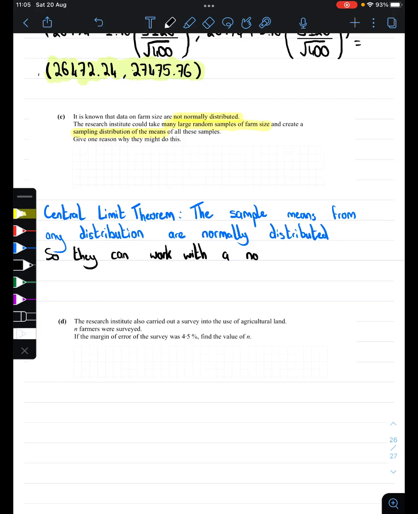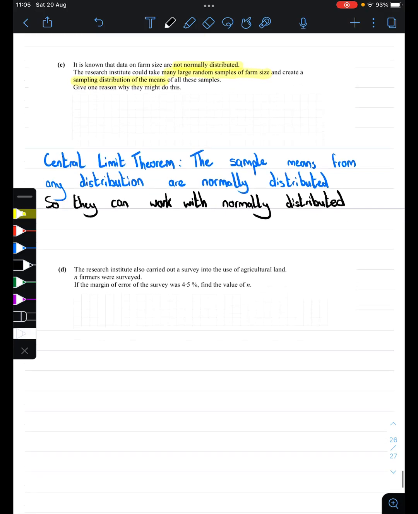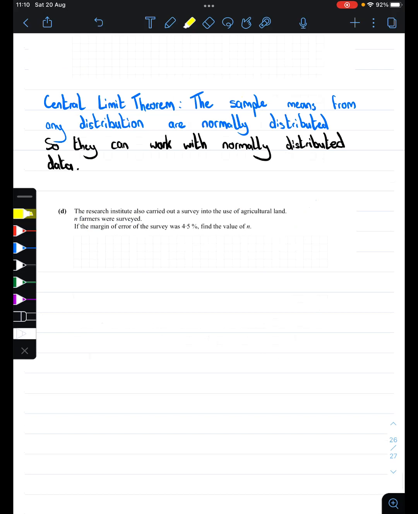Or so they can work with normally distributed data, like the way we do confidence intervals is based on normal distributions. It's a lot more difficult to do a confidence interval with a non-normal distribution, and it might even be impossible. Now on to part D.